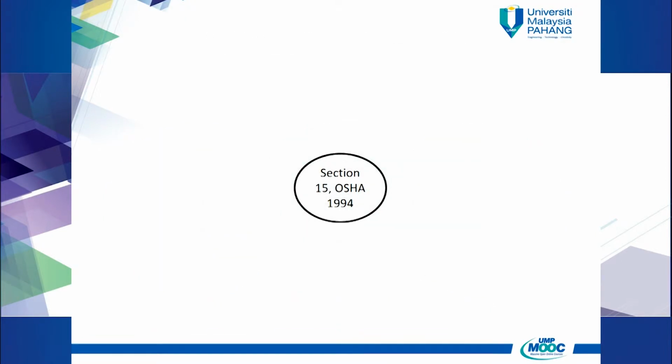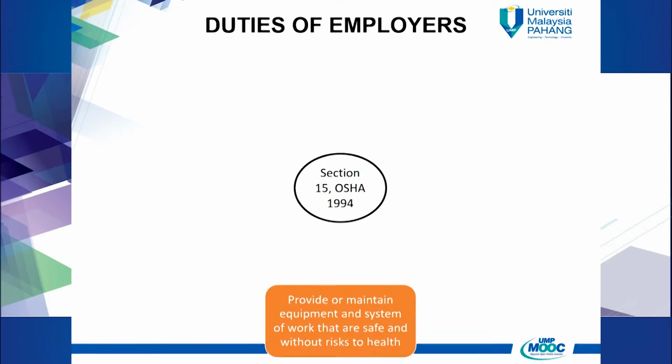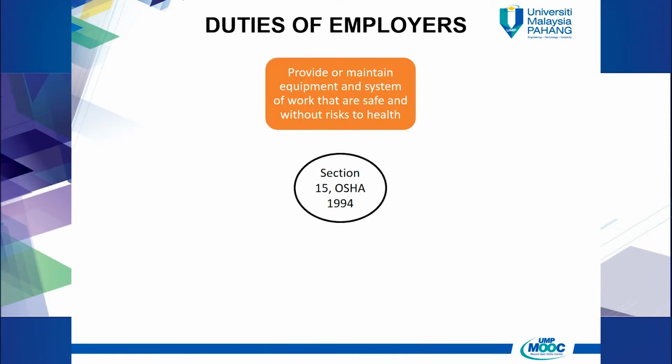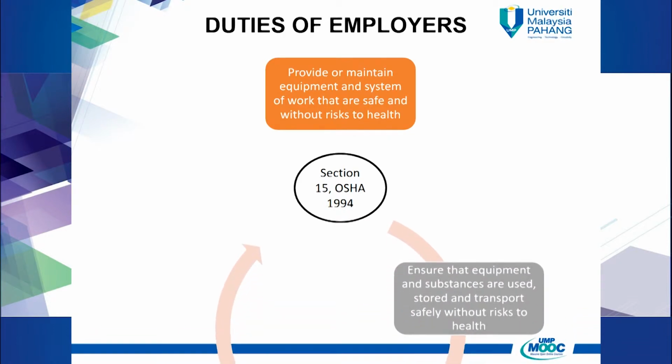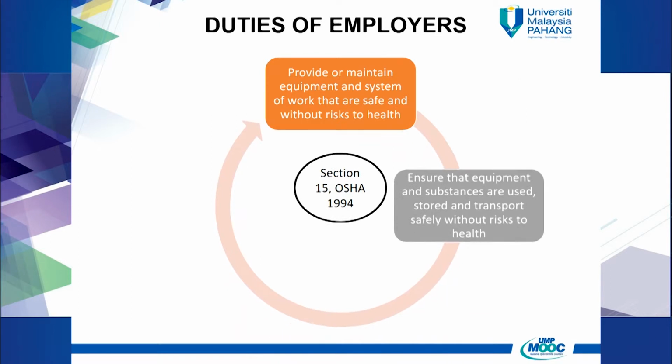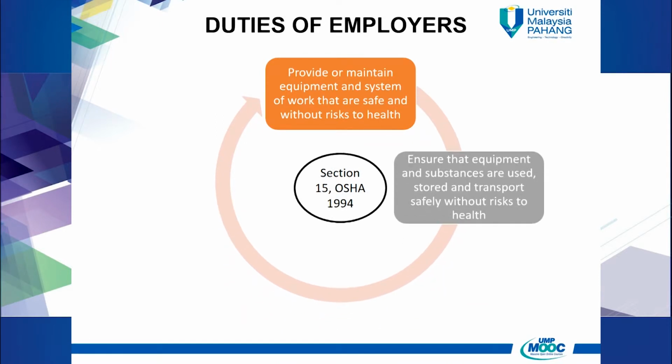Under Section 15 Occupational Safety and Health Act 1994, it is the duty of the employers to provide or maintain equipment and systems of work that are safe and without risks to health. Ensure that equipment and substances are used, stored, and transported safely and without risks to health.